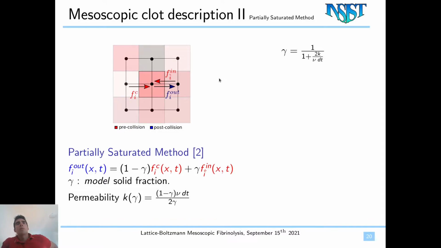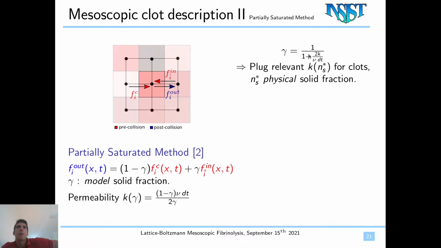So then we need to plug the permeability relationship that is specific to blood clots and not just an arbitrary relationship. So what we do is basically just invert this relationship for gamma, the model solid fraction, and we need to find a mapping of gamma based on the real solid fraction of the clot.